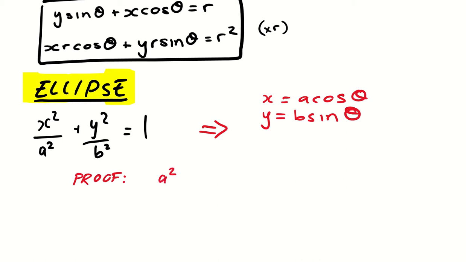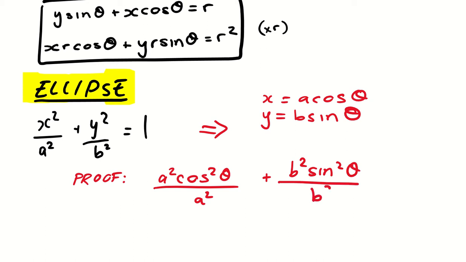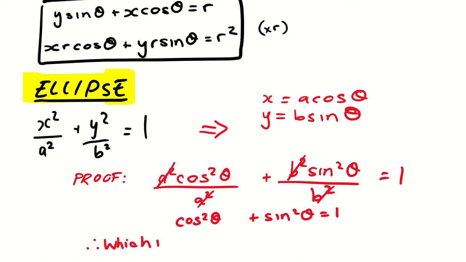I'm going to get a squared cos squared theta on a squared, plus b squared sine squared theta on b squared is equal to 1. My a squared and b squared will cancel, which gives me that cos squared theta plus sine squared theta equals 1, which is true by the Pythagorean identity.